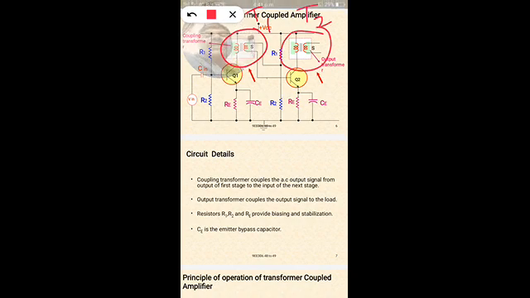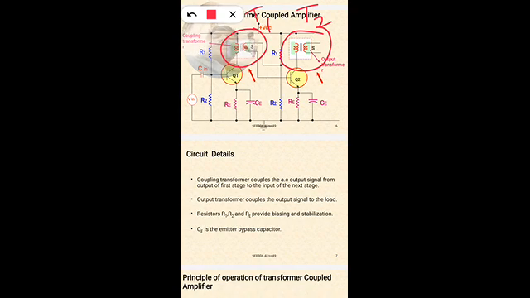T1 acts as a coupling transformer because the amplified output of the first stage amplifier is connected to the input of the second stage through this transformer T1, hence it is known as the coupling transformer.